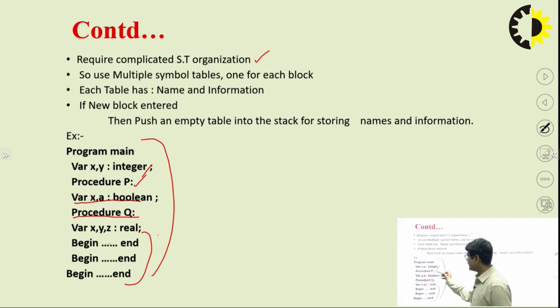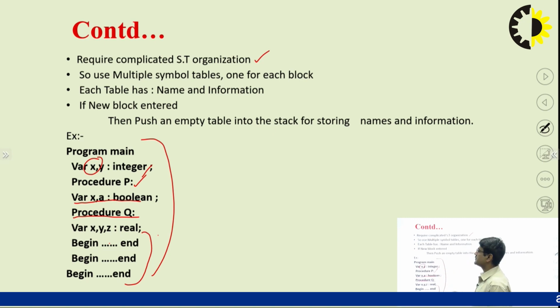You will see that procedures P and Q are on the same level. So whatever variable X is defined in procedure P is different from procedure Q, because here X is binding with procedure Q and there X is binding with procedure P. This variable is basically a global variable because it works during the whole program, because it is a part of main. So that is the basic scope of this variable.